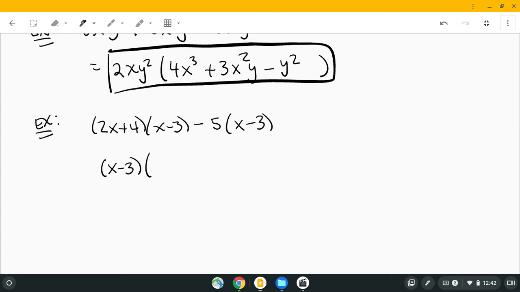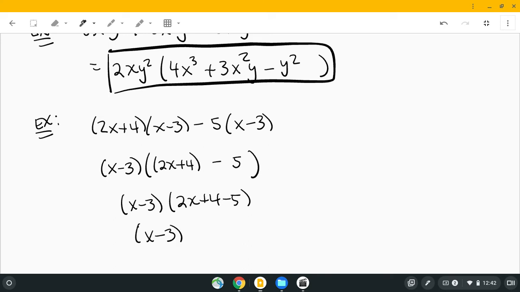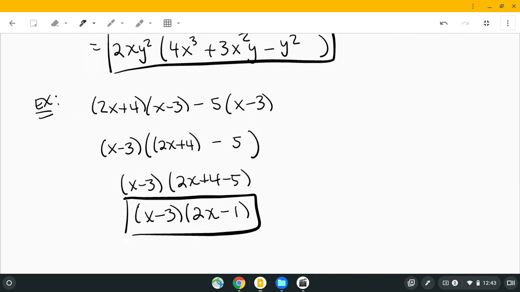And what happens is I'm left with 2x plus 4 here and minus 5 over here. Okay. And then I can just simplify the second one over here. 2x plus 4 minus 5 is going to give me 2x minus 1. Okay.